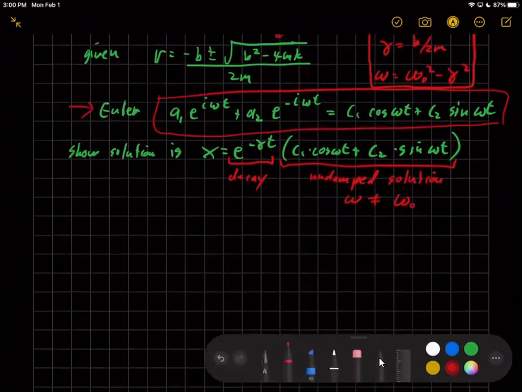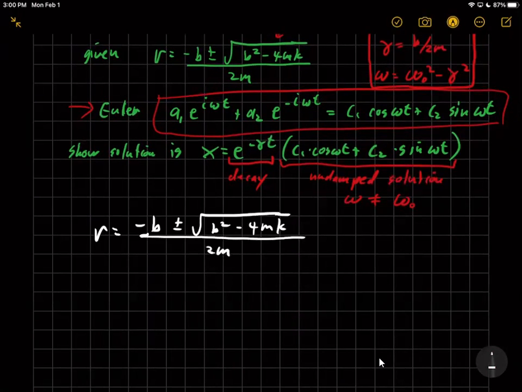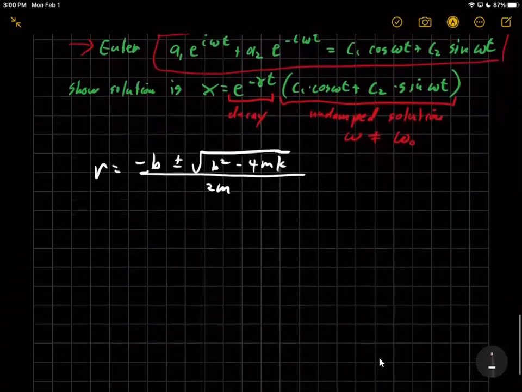Okay, so start with the given. We can start with r equals negative b plus or minus the square root of b squared minus 4mk all over 2m. All right, now we can do the same steps that we did before.